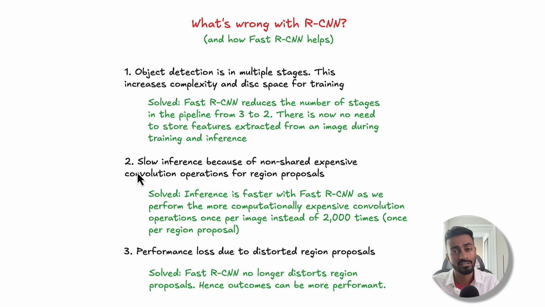Inference is now faster as we now only do one prediction through the entire more expensive convolution, activation, and pooling. And performance loss is now not as much because we are not distorting these region proposals. RoI pooling comes to the rescue as it can resize these random sized region proposals to a fixed size tensor to be processed.